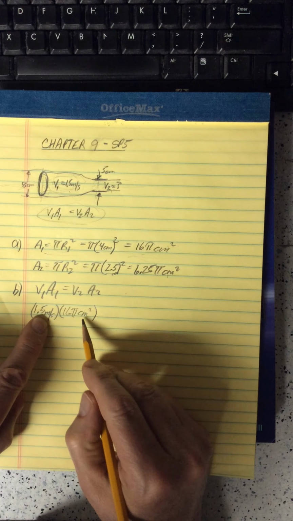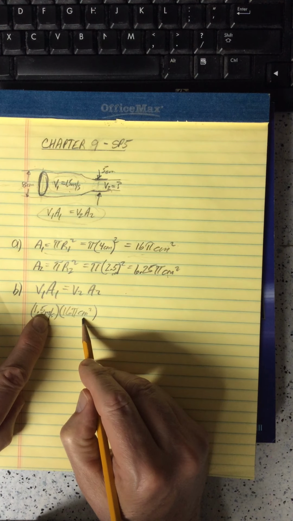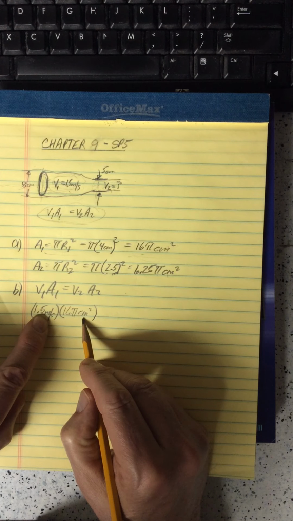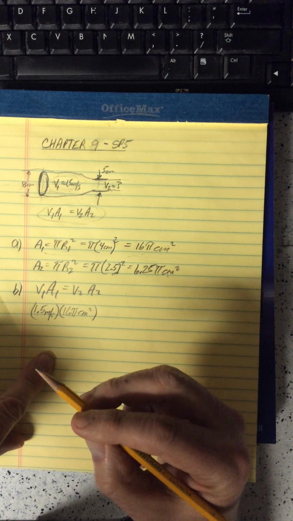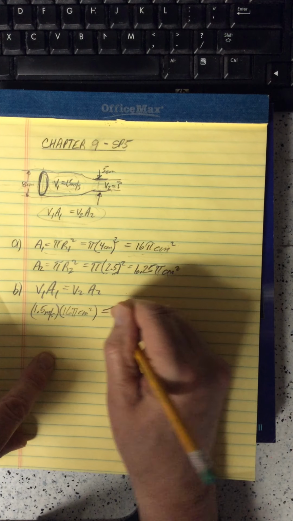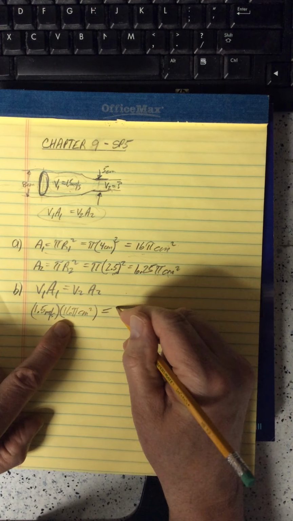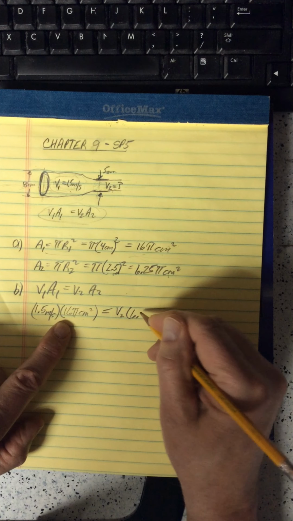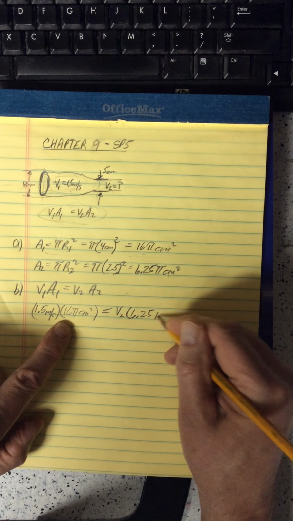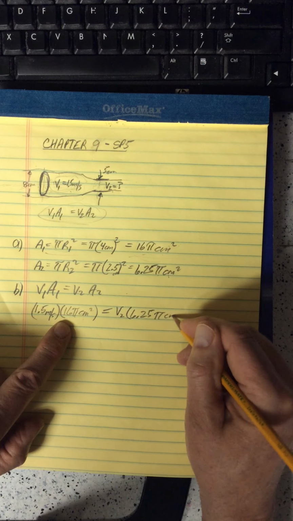Notice I have meters and centimeters squared. That's normally a no-no, but I think we're going to get some things to cancel out. You can change it to meters here if you're more comfortable with that. I'm not, because I really think things are going to cancel out. V2 is our unknown, but we do have A2, 6.25 pi centimeters squared.